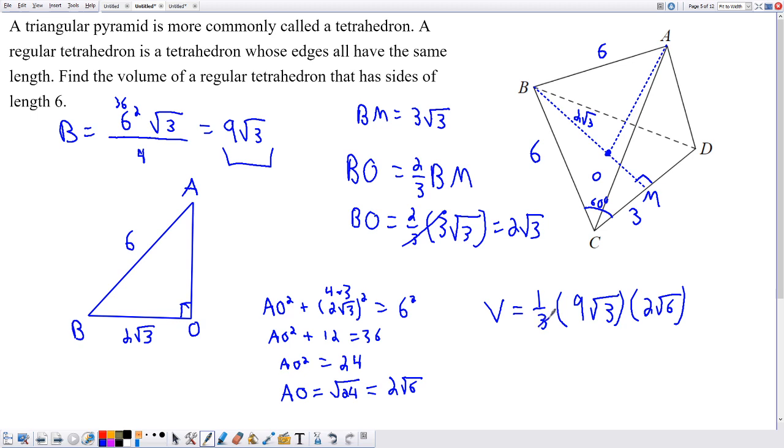Now, 1/3 times 9 gets you 3, times 2 gets you 6, and we have the square root of 3, and the square root of 6 is the square root of 3 times the square root of 2. Square root of 3 times square root of 3 gets us 3 times square root of 2, which ultimately gives us that the volume is 6 times 3, 18, times the square root of 2.